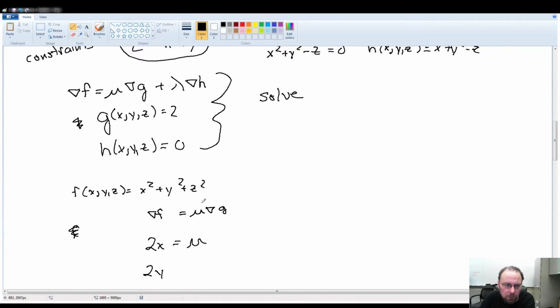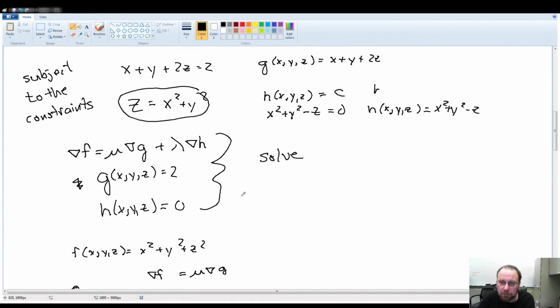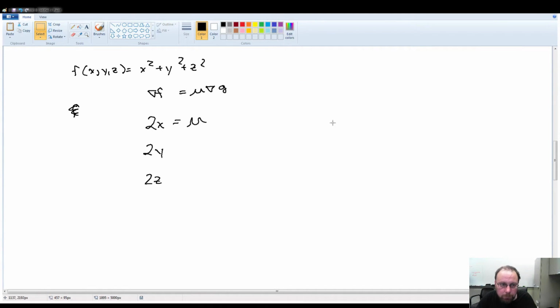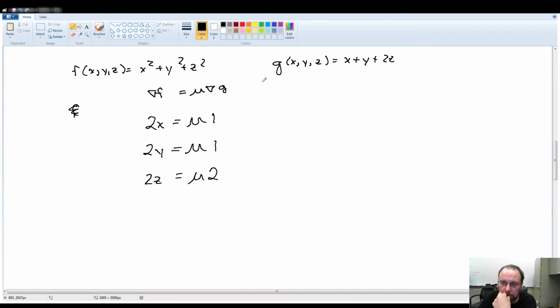Where's g? Okay, let me just copy it. Let me just put it over here. So gradient of g is the partial of g with respect to x, partial of g with respect to y, and z. Okay. Plus, as we said, a multiple of the gradient of the other constraint, h.